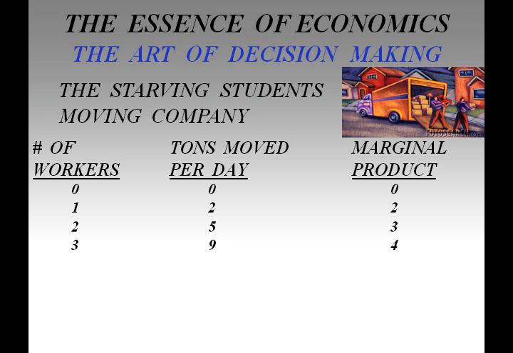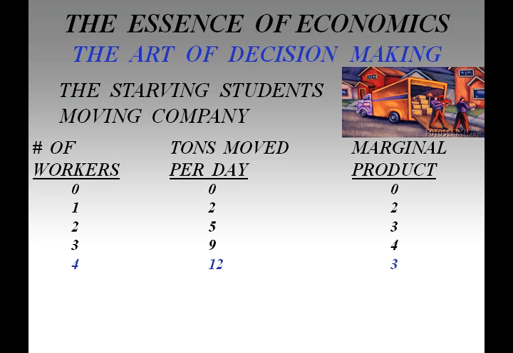But let's say the company gets an offer to do a job that is significantly different than the jobs they'd been doing in the past and had developed a comfort level with. Instead of just moving boxes and some light furniture, they take an opportunity to move a large number of pianos. And they figure the first thing they need to do for the bigger, more complex job is to add a worker.